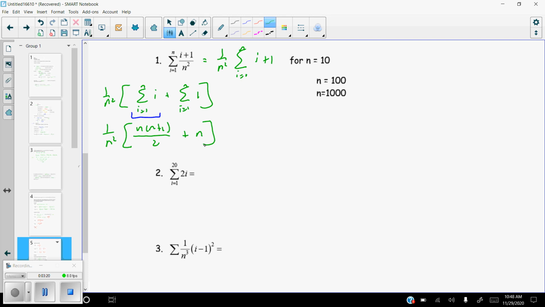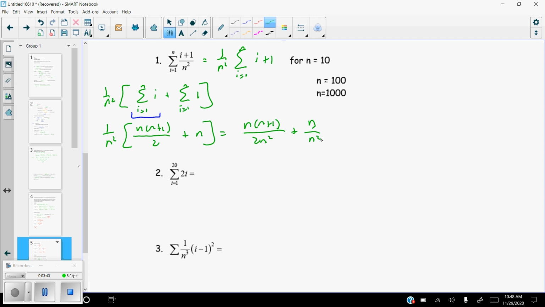So if I want to rewrite this, I can distribute the 1 over n squared onto the inside of this thing. So distributing the 1 over n squared is going to give me (n plus 1) over 2n squared plus n over n squared.